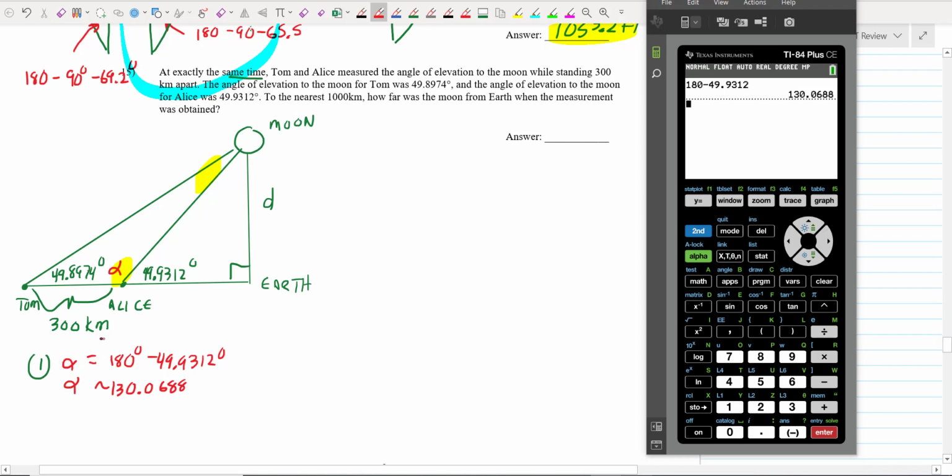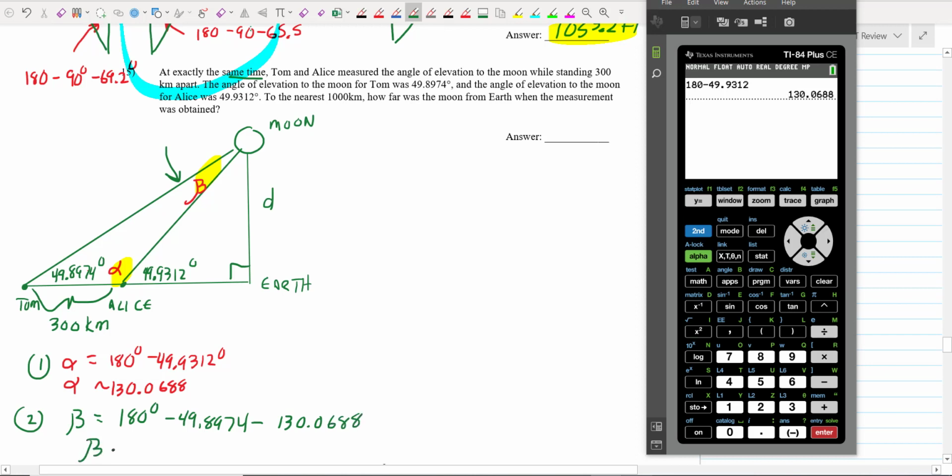Now I can find this angle, which is beta, which I think we need if we're going to use law of sines. The second key thing I'm going to do is this calculation: we just need to do these two angles minus 180. So beta is going to be 180 degrees minus 49.8974 minus that angle alpha, which we just computed to be 130.0688.